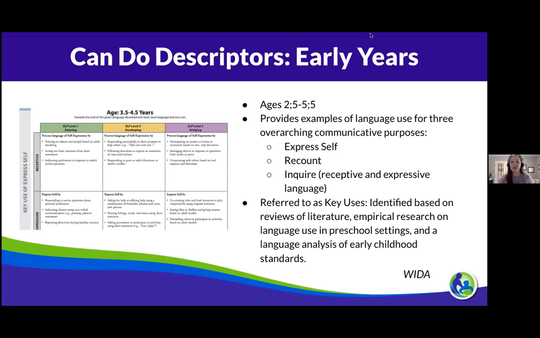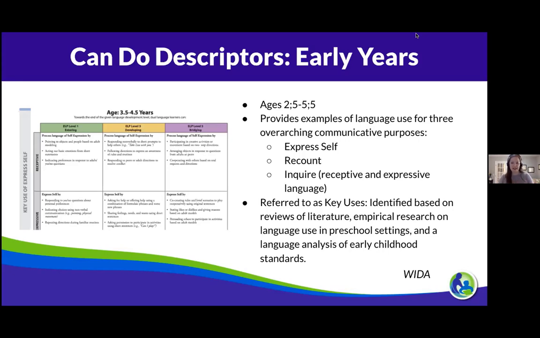And so this is going to provide examples of language use for 3 overarching communicative purposes. That includes how they express themselves, recounting, and inquiring. And it lists both expressive and receptive language.